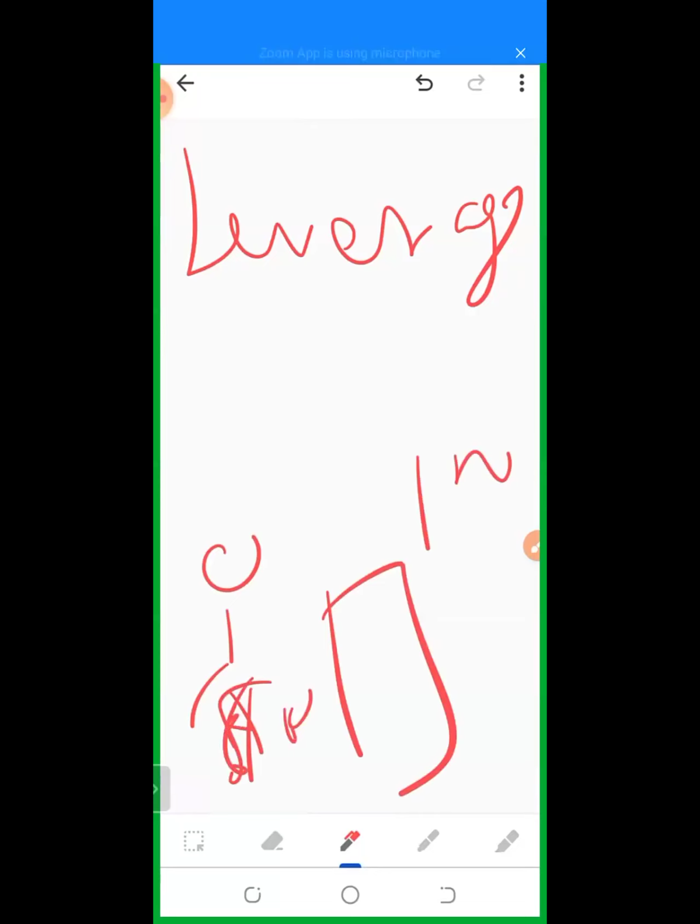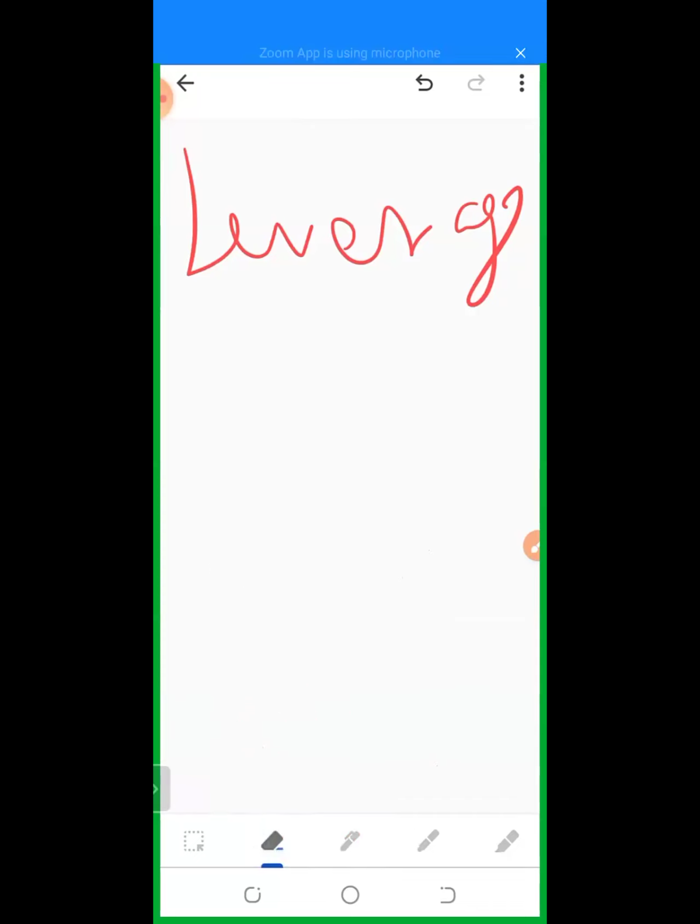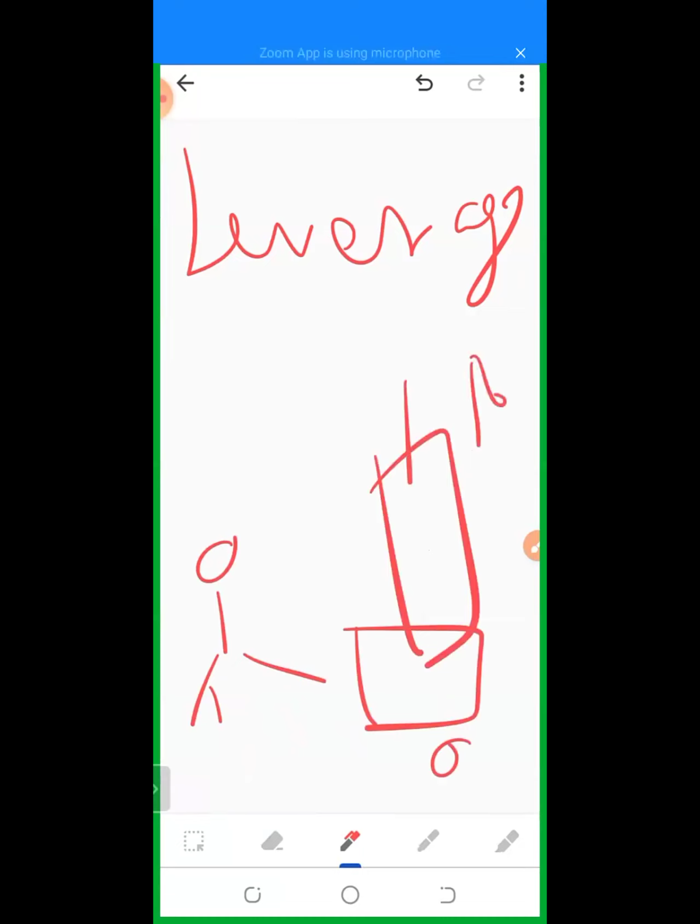But if you look for a wheelbarrow, you can put a luggage of 150 kg here and you can easily push it. So leverage helps you get things easier, and it will give you better results.